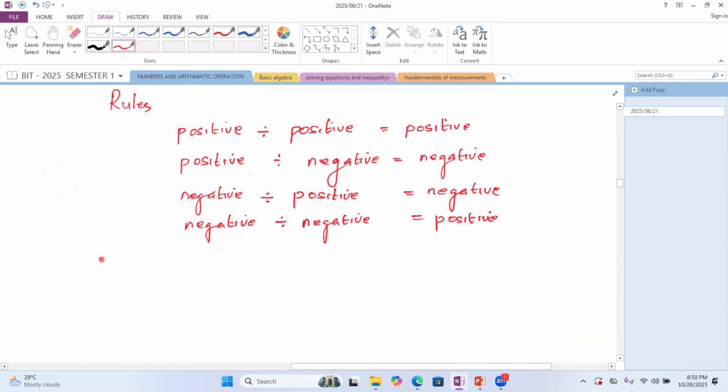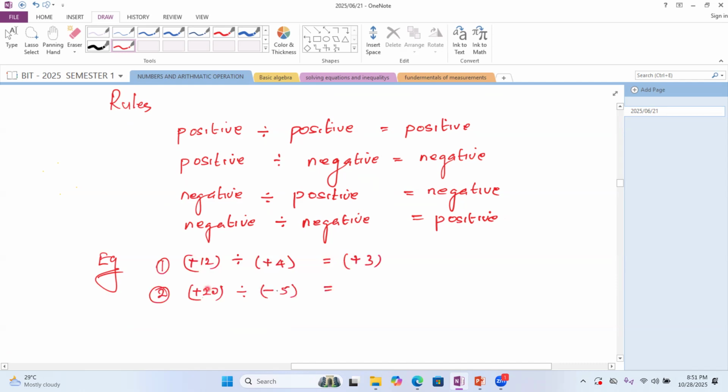Example. Positive 12 divided by positive 4. Then we get the result. Positive and positive, that's also positive. Then 12 divided by 4 is 3. Then second one, positive and negative. For example, 20 divided by negative 5.